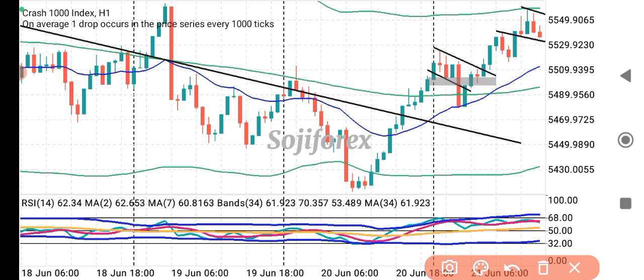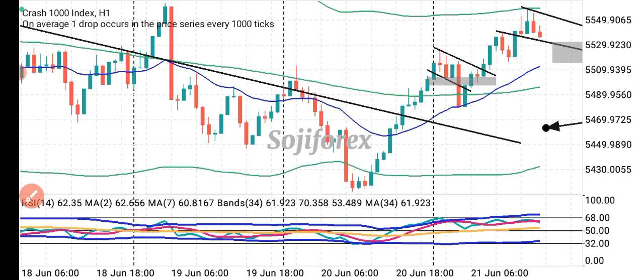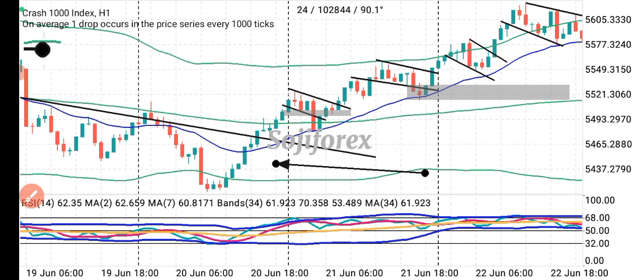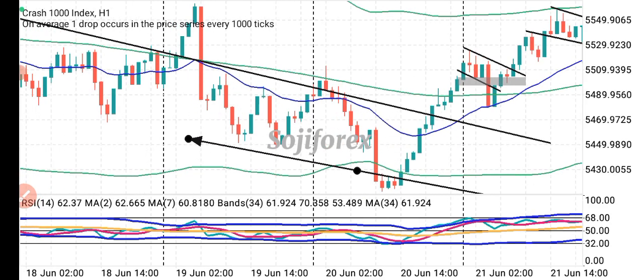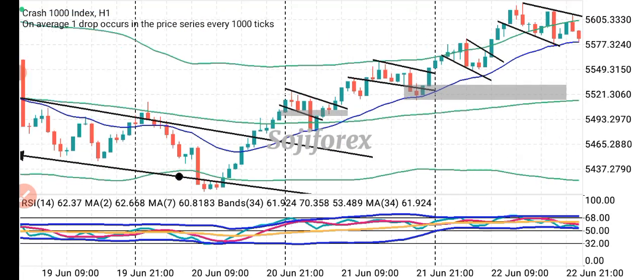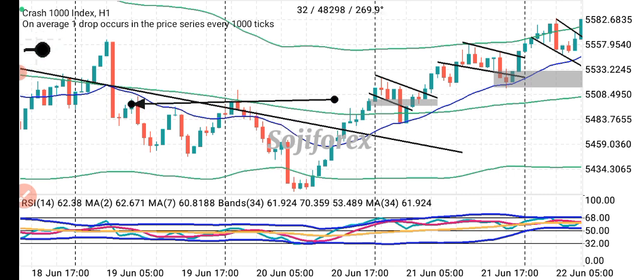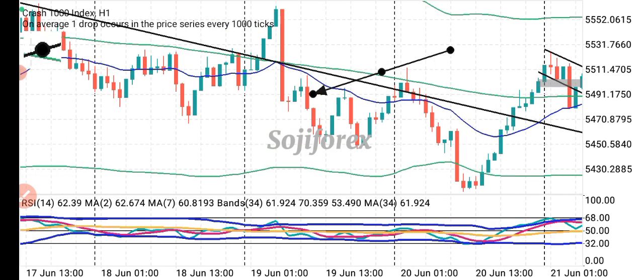But remember, if you observe this particular price movement over time, you realize as well that price has been respecting the moving average. What you are seeing here, the blue moving average, is an exponential moving average. The period is 25. So you can see that price has been respecting this and the middle Bollinger Band.